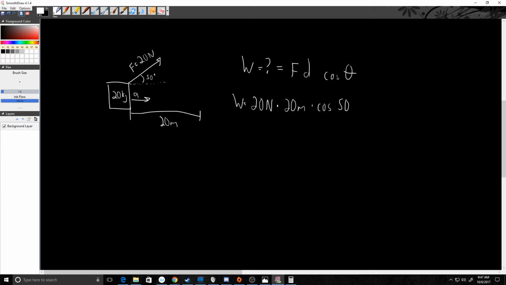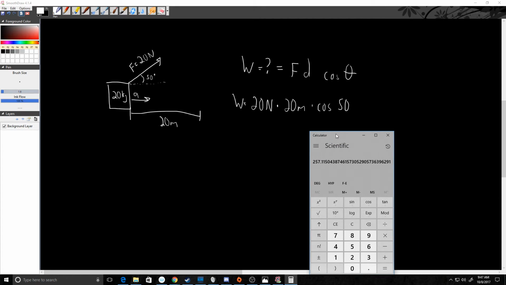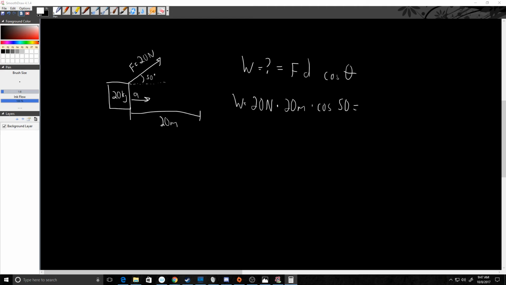Cosine of 50 times 20 newtons times 20 meters. It looks like we are applying 257.1 joules of work.